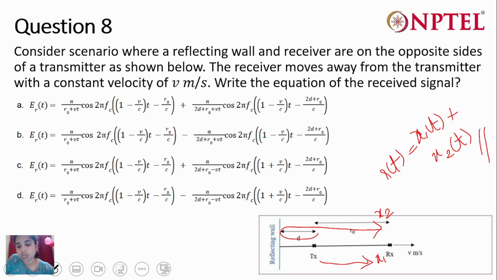The receiver is not moving towards the reflecting wall. It's moving away from the transmitter, since we are assuming both of them are on the same side. Okay, fine. I thought the reflecting wall is on the other side. Oh, then it's correct. Thank you.